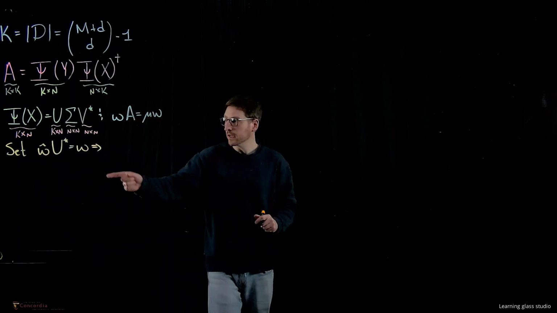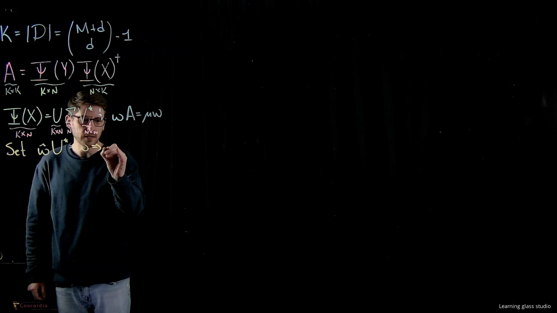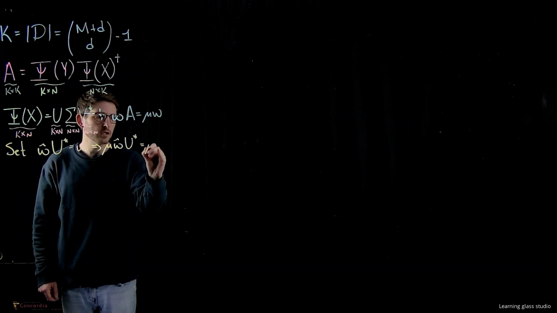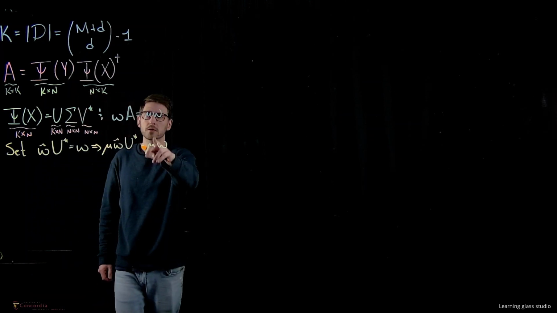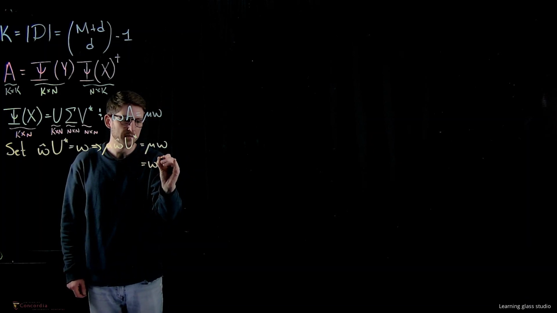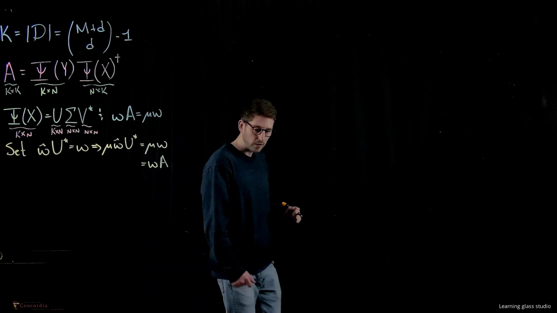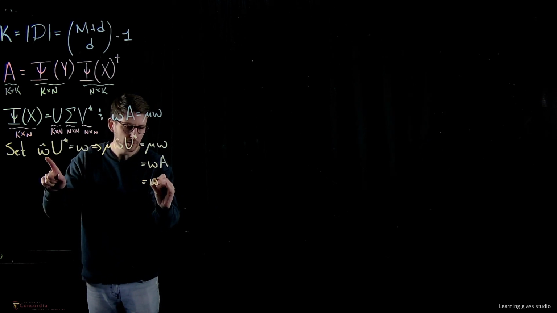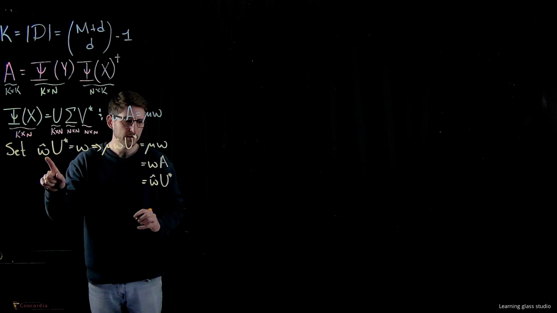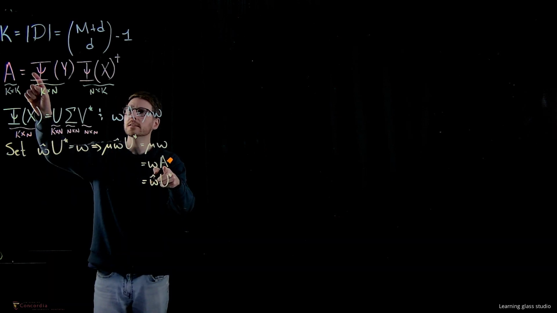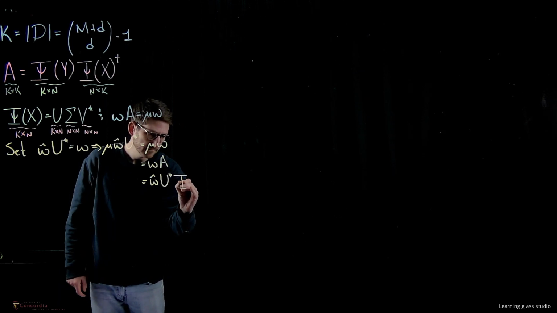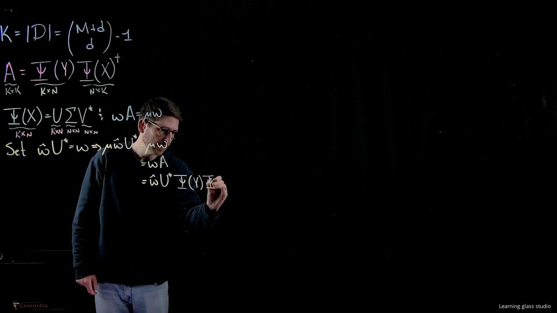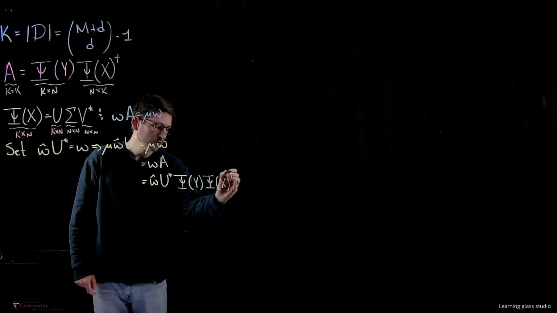Well, if I multiply both sides of this by mu, the eigenvalue, here's what I get: mu w hat u star is equal to mu w. But also mu w is equal to w times A, by definition of the eigenvalue, right? And w, if I go backwards, is w hat u star, and A is equal to this thing right here: psi of y, psi of x pseudo-inverse.